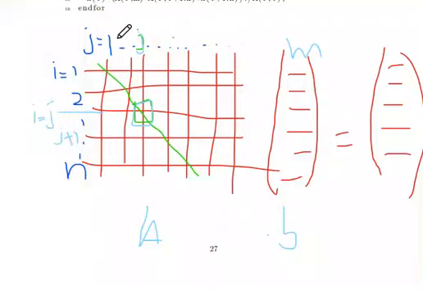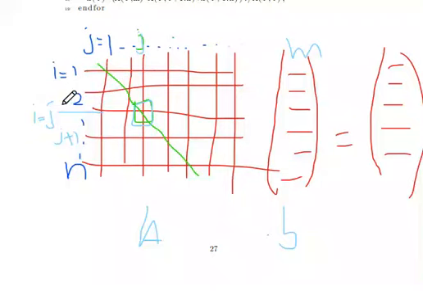So j goes over how many columns are there? 1, 2, 3, the number of columns of matrix A with this right hand side B, right? And how many rows?